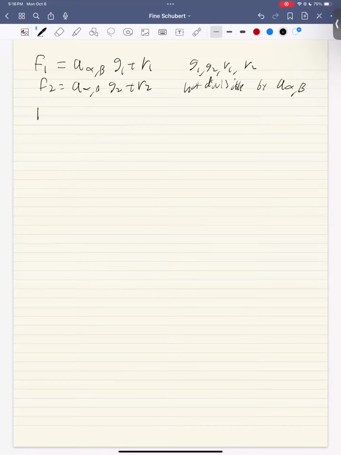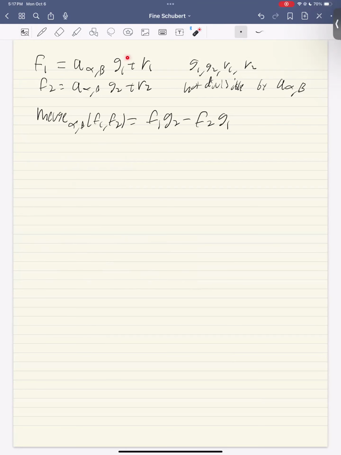Then we define the merge, alpha beta, of f1 and f2 as f1 g2 minus f2 g1. This combination is set up to kill the term that contains A alpha beta.